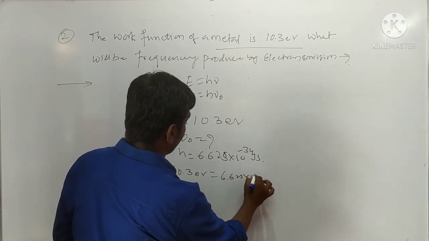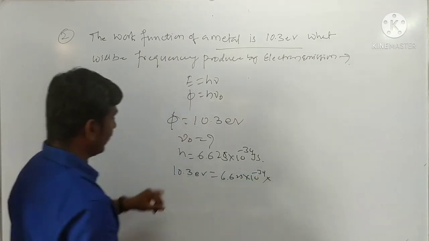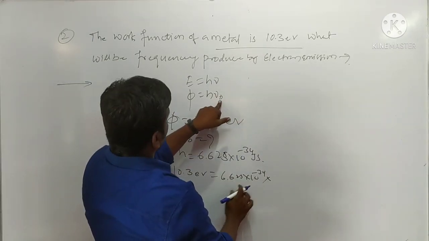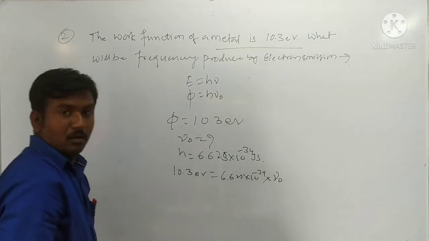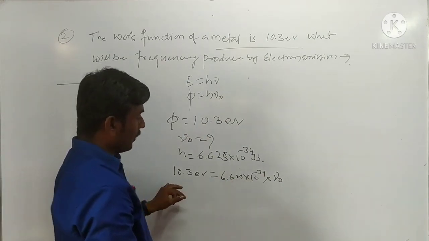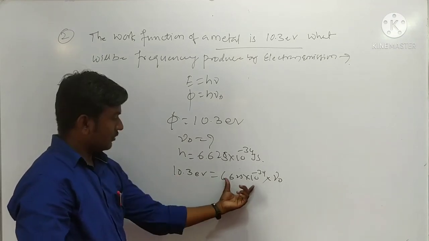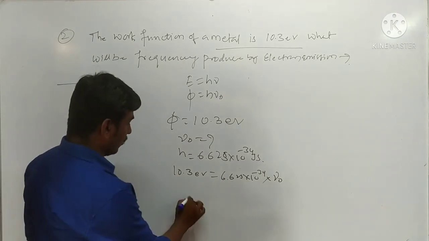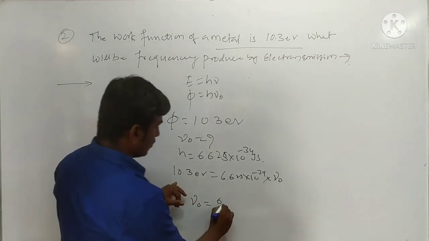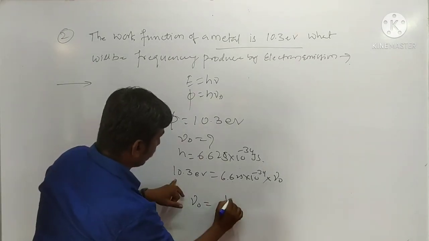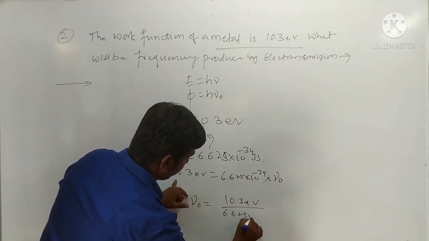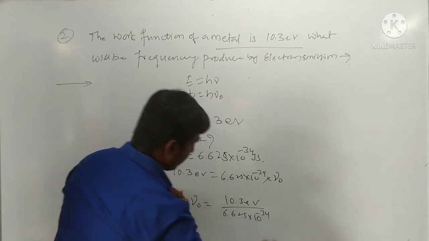6.625 into 10 power minus 34 multiplied by the frequency nu naught, right? So what do we do? You have to divide. Here there is multiplication, so it will come in the denominator. Therefore nu naught equal to 10.3 electron volt divided by 6.625 into 10 power minus 34.